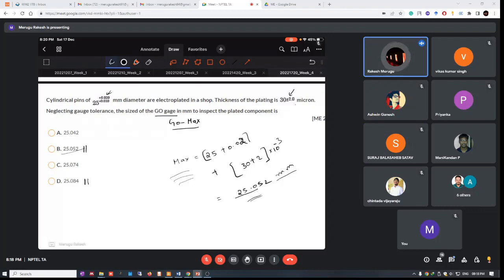But did they mention it in the question? But generally, we take thickness above the surface. Correct. Should keep 2. Yes, sir. Then how much you are getting? Yes, sir. Okay.